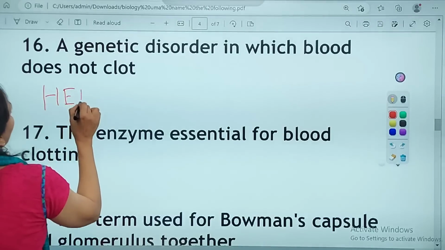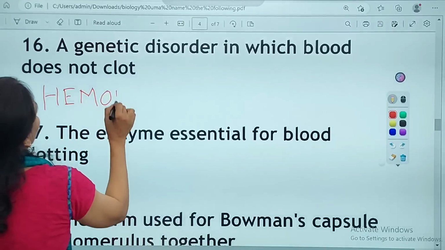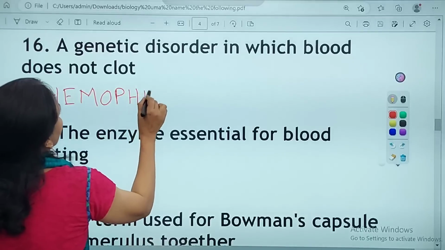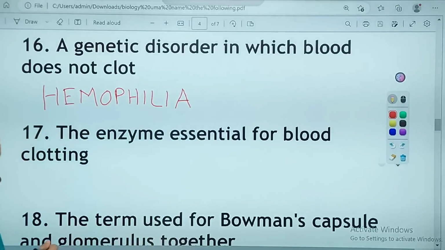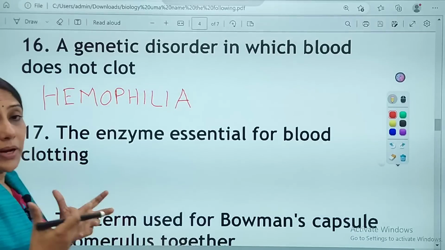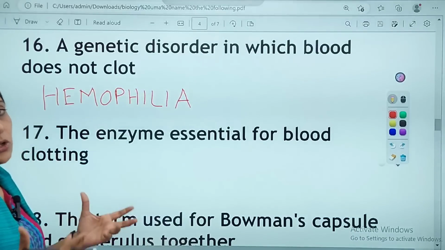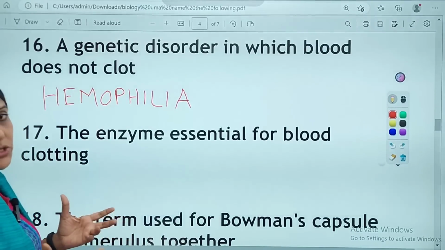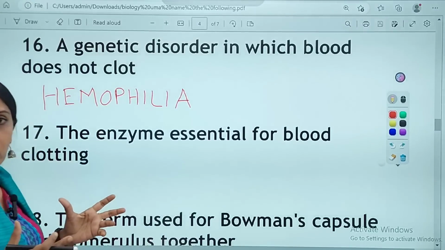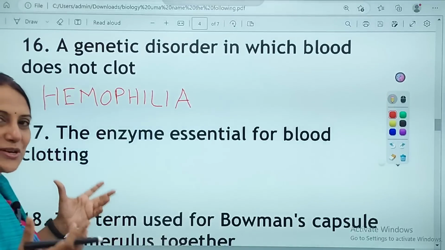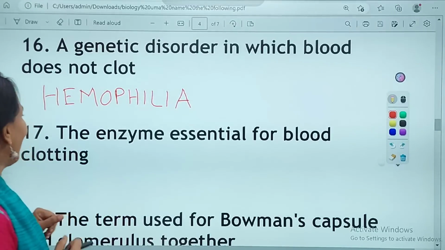So, it can be haemophilia. You can keep it like this, hemophilia. So in this case, what happens is if there is an injury, either an internal injury or an external injury, then the blood cannot clot and they lose a lot of blood, and that can be very endangering even to life. And that's the reason why we say it's important that the blood clots. And blood clotting is, of course, quite a complicated process which we have learnt about.